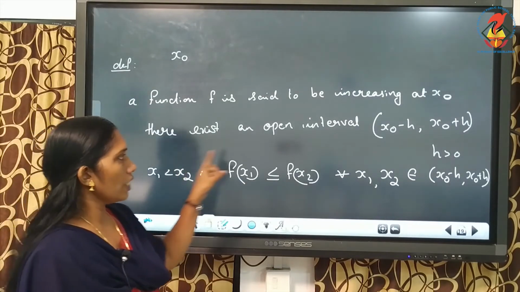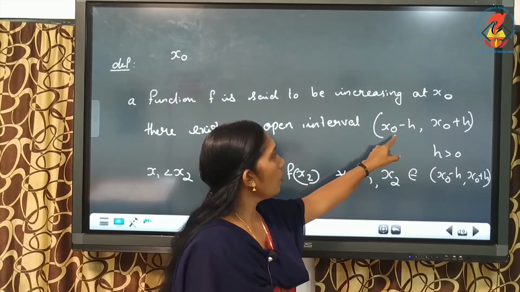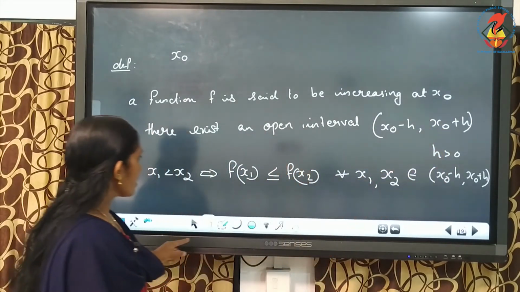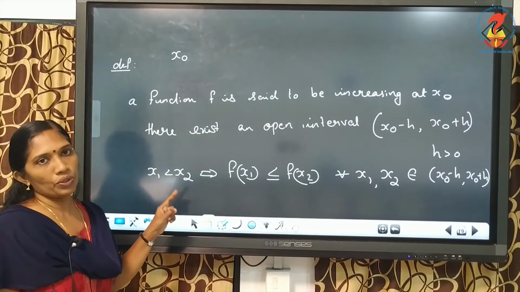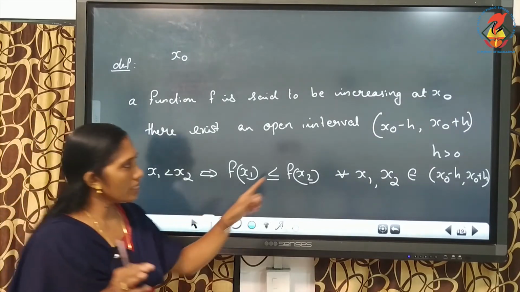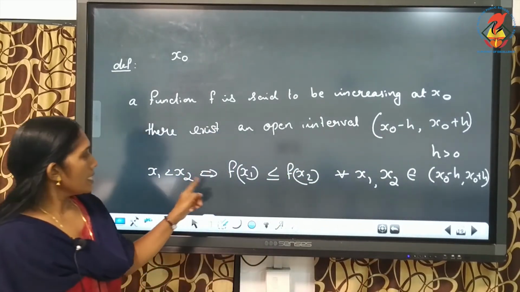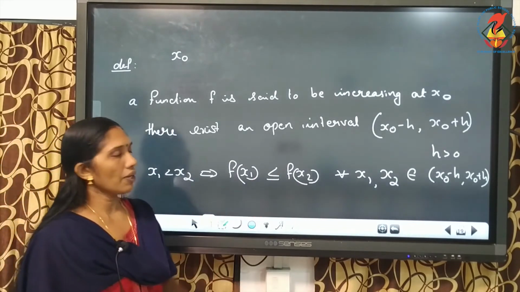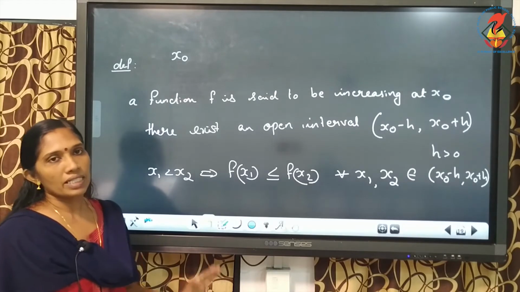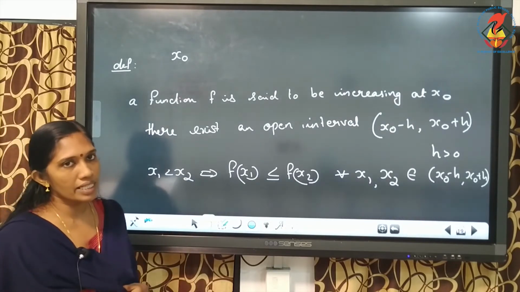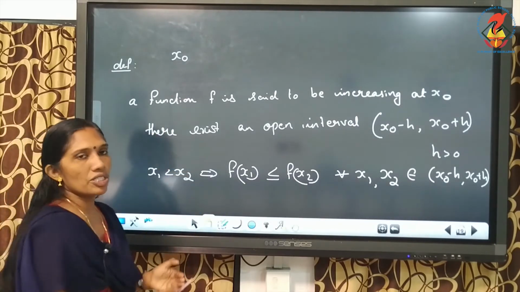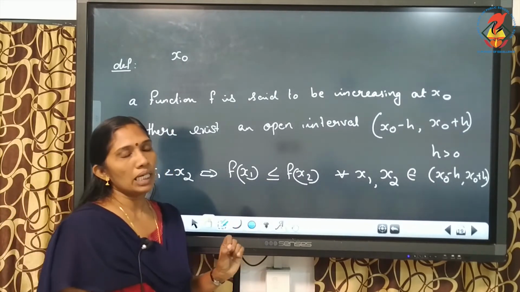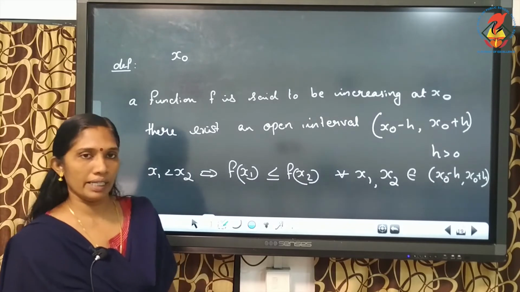So, we can find an open interval x0 minus h and x0 plus h, where h is greater than 0, such that x1 less than x2, with x1 and x2 points in this interval, implies f of x1 is less than or equal to f of x2. Then we can say that the function is increasing at x0. The similar definition applies for strictly increasing; you just don't put this equal symbol. Likewise for decreasing and strictly decreasing.